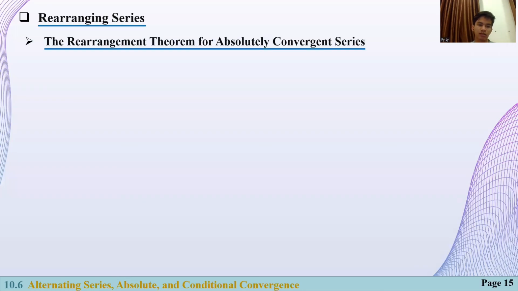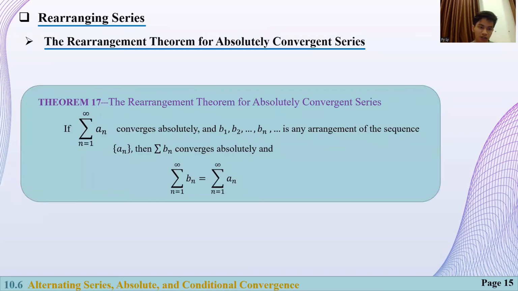So the last part is the rearrangement theorem for absolutely convergent series. Theorem 17: if the sum from n equals 1 to infinity of a sub n converges absolutely, and b sub 1, b sub 2, up to b sub n is any rearrangement of the sequence a sub n, then the sum of b sub n converges absolutely, and the sum of b sub n equals the sum of a sub n.